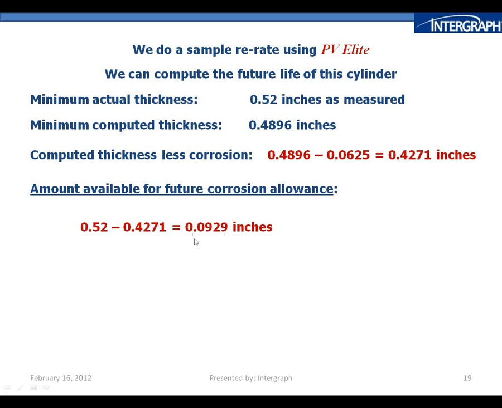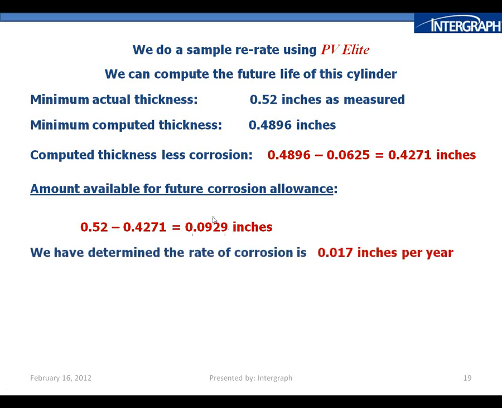future corrosion. Okay, we already know from some source, I don't know where, but from some source, this is just an arbitrary number, but we know that the future corrosion will actually proceed at 0.017 inches per year. Now we can predict the future life of that vessel.